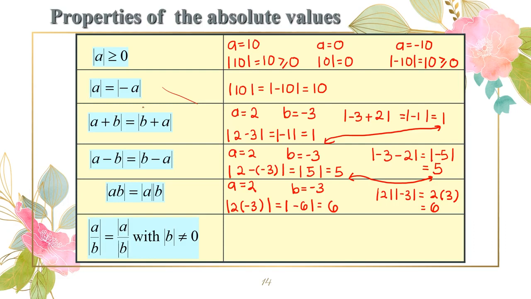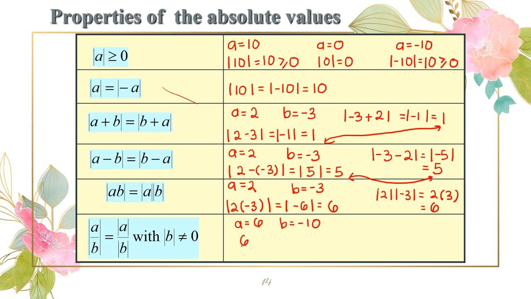And the last one, let's look at the fraction. Again we take a as 2 and b as negative 3. What if we take larger numbers? For example, a equals 6 and b equals negative 10.